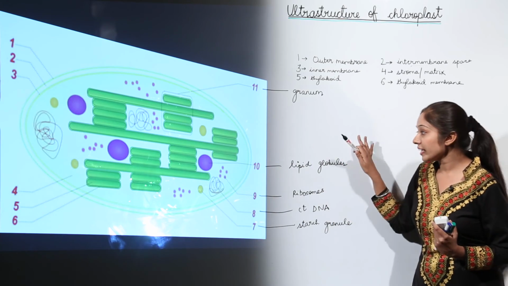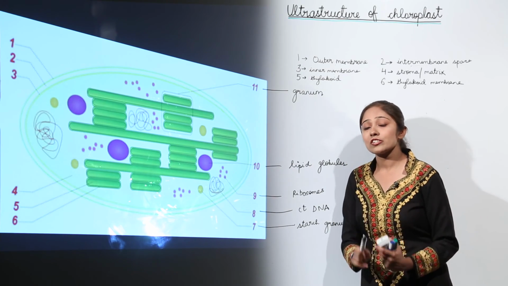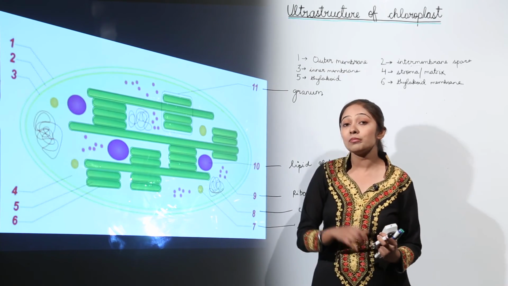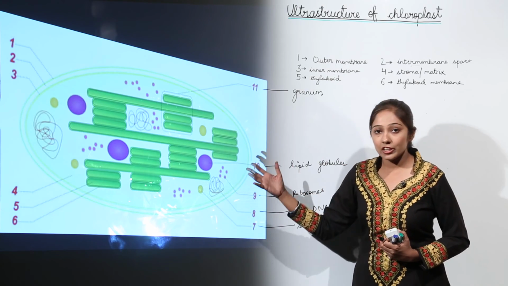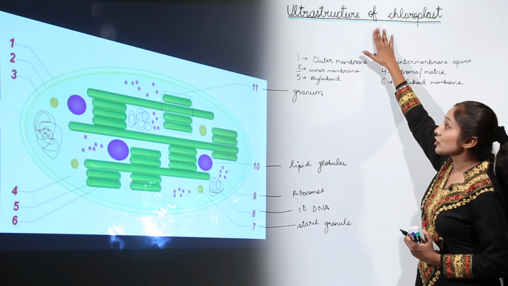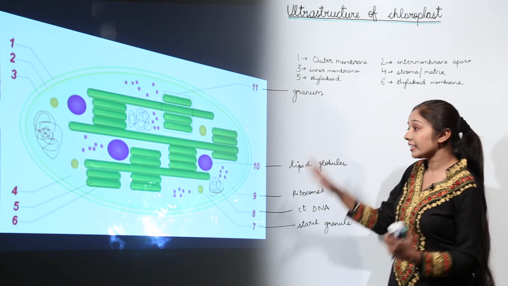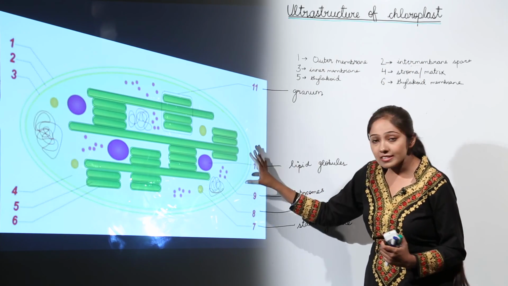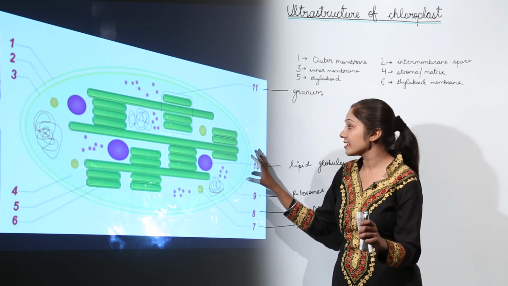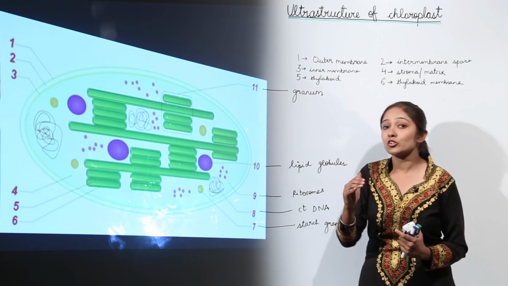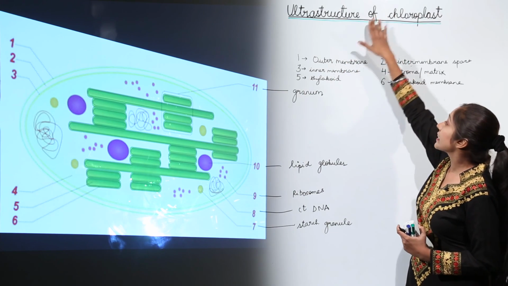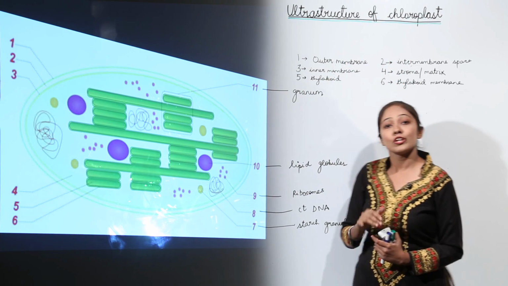After labeling this, I hope this ultrastructure is very clear to you in greater detail, and you will be able to attempt each and every answer in the examination. Just draw this diagram in your notebooks at your places and label each and every part, and recall what we have discussed so far in the context of the ultrastructure of chloroplast.